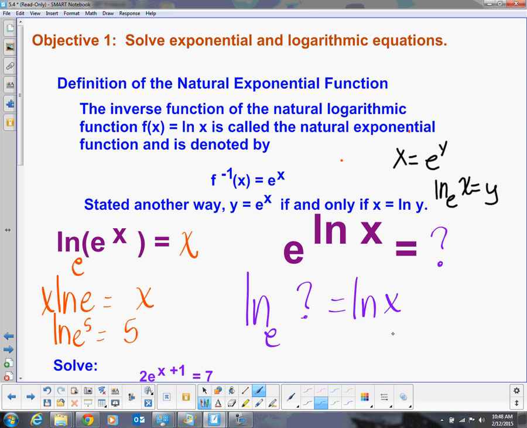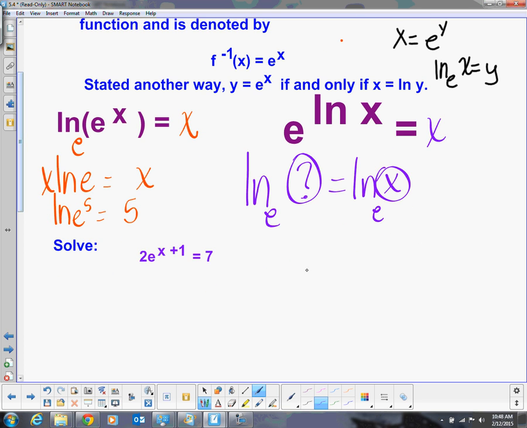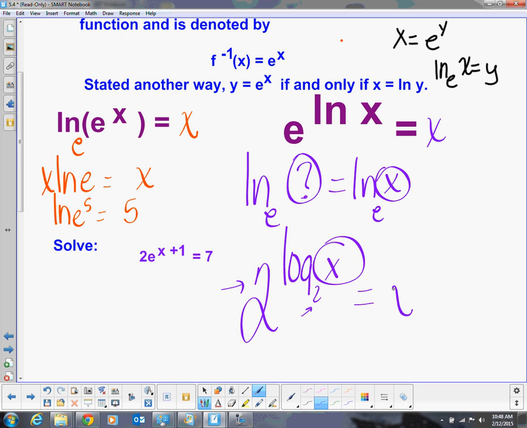Now, if I have two logarithms with the same base, what must be true about these? They must be the same, otherwise they can't be equal. So e raised to ln x is what? X. Let's take this a step further. If I have 2 raised to the log base 2 of x, as long as this base and that base match, the answer is going to be whatever that happens to be.